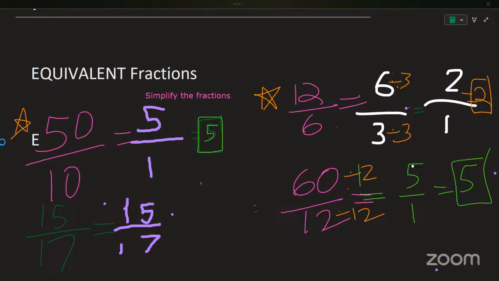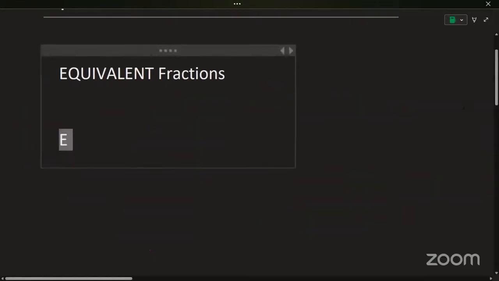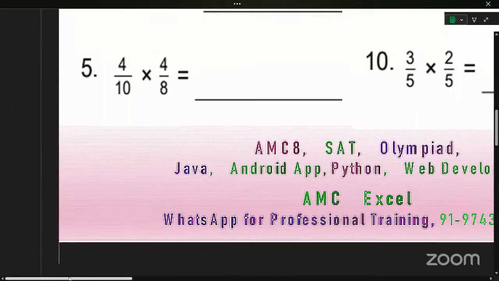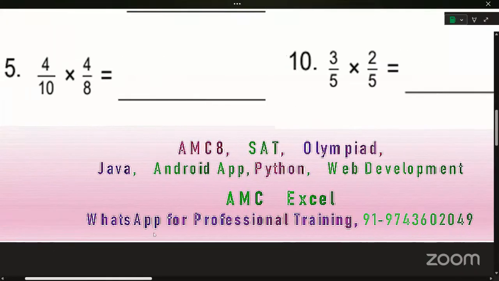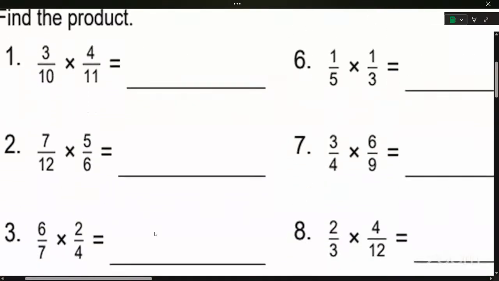Done. Okay. So I understand there is some homework. Worksheets are still, we have not finished. Okay. Let us finish the homework sums.